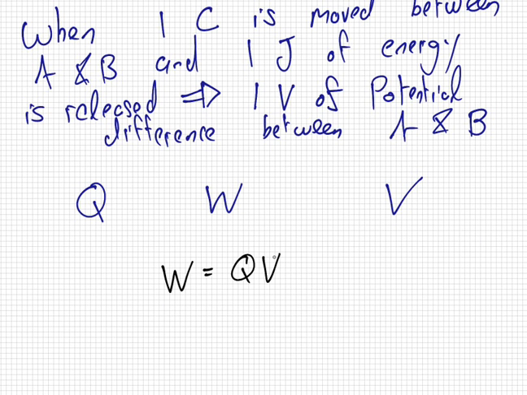If there's 1 volt here, and I have 1 coulomb, how much work do I get? 1 joule. If I have 2 coulombs, I'll get 2 joules. So you can easily see that the formula is work is the charge multiplied by the voltage.